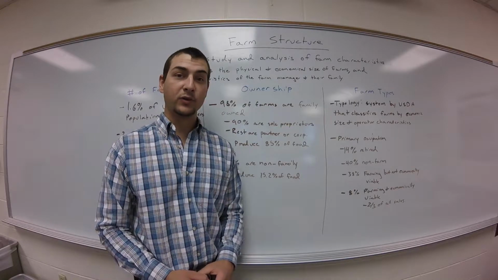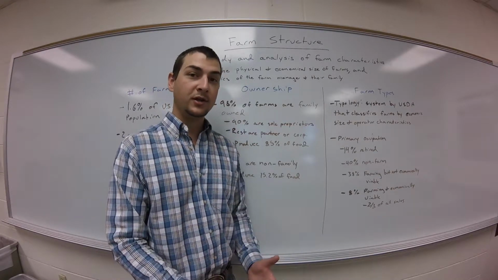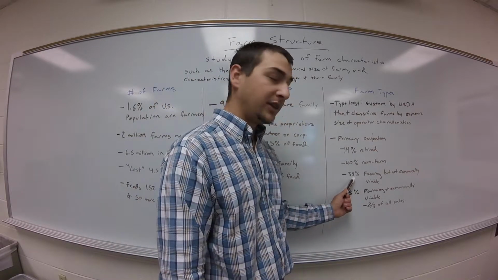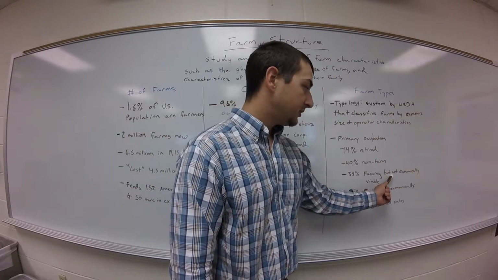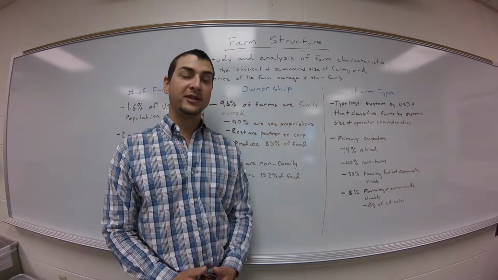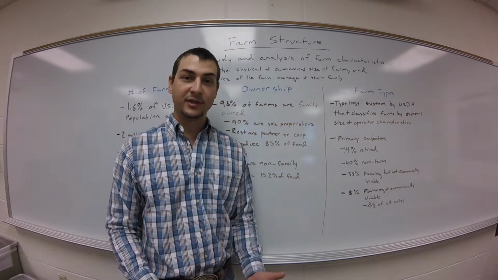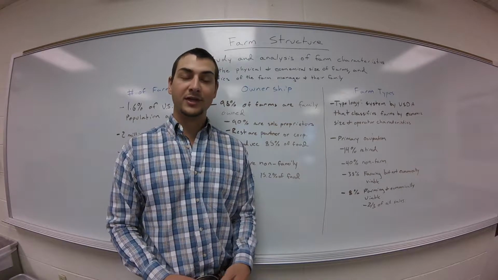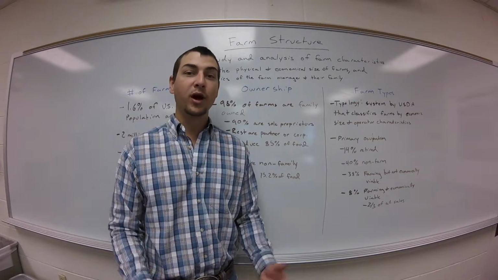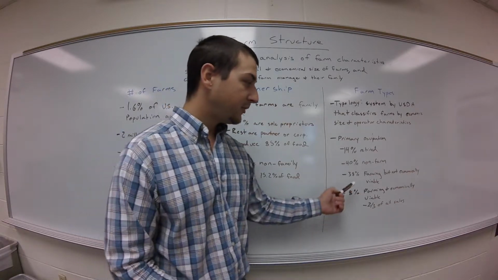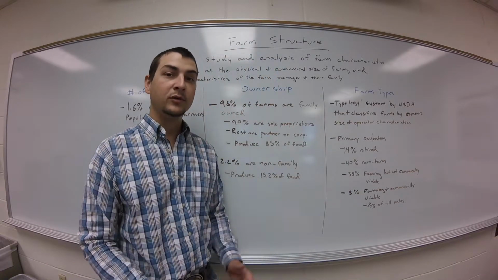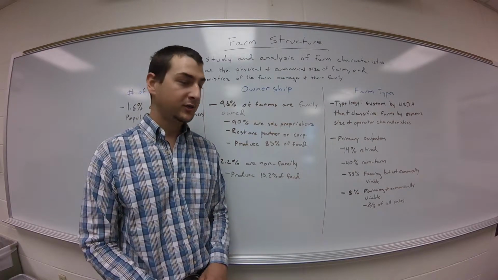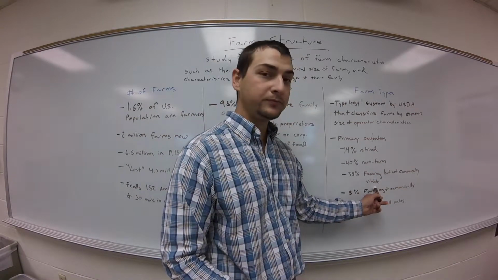That might sound like a lot in revenue, but when you factor in their costs, you found out that the majority of these families, the ones that said they produce 38%, are not economically viable. The amount of money that they're generating, although it may seem like a substantial amount, their costs are high enough to offset it to the point where they can no longer raise a family off of the profits that they're making on that farm. So even though they say farming is their primary occupation, when you put it down on paper, they're not making enough off the farm to raise a family. So we consider them not economically viable.